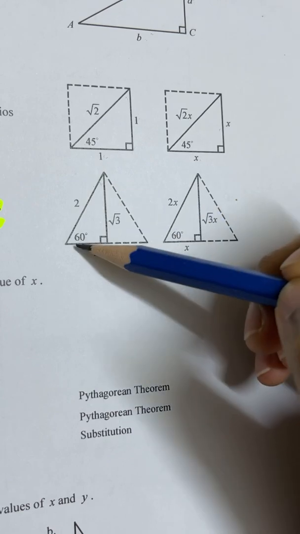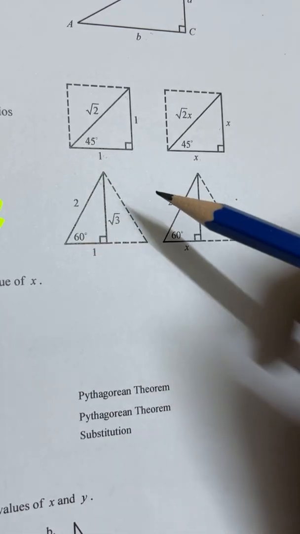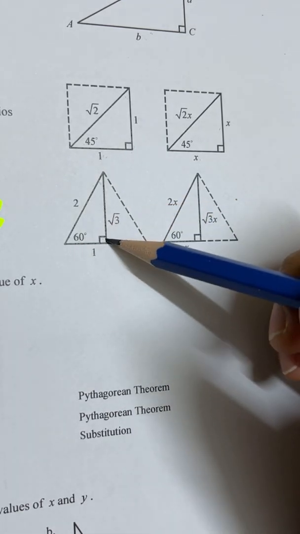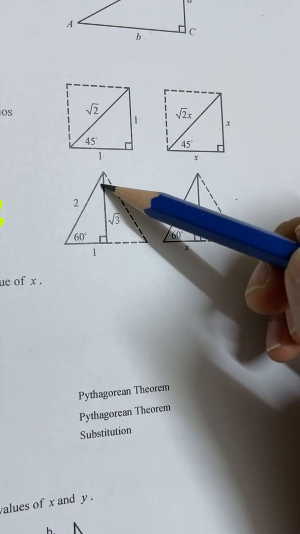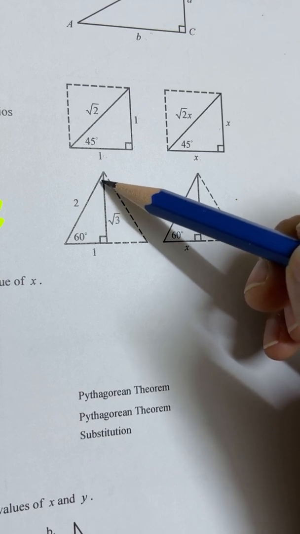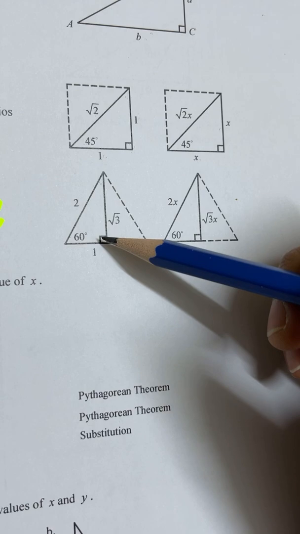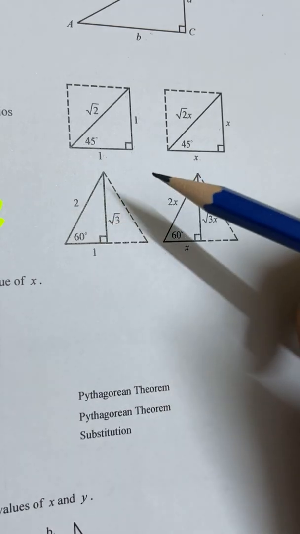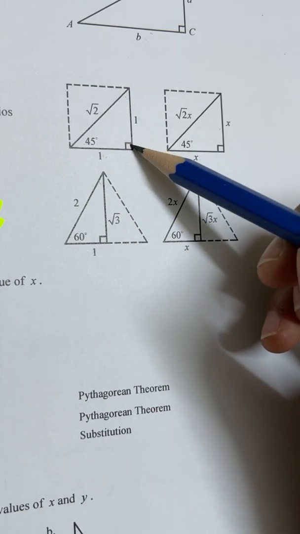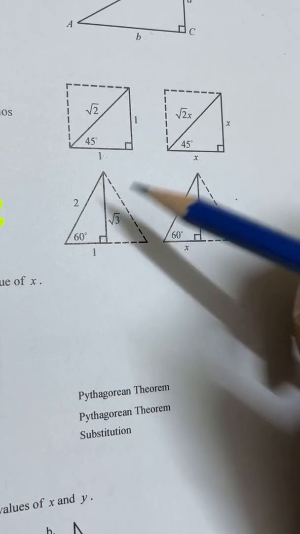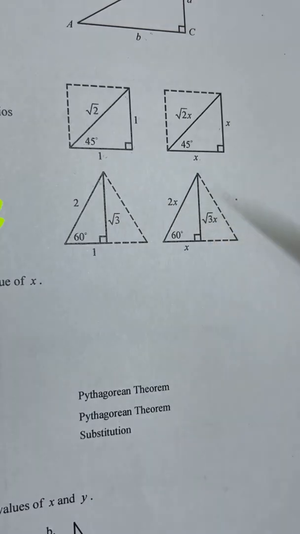Whenever you have a 90 degrees and a 60 degrees, you immediately can say the left out angle is 30 degrees. So you have got a 30, 60, 90 triangle. It's a special kind of right triangle.